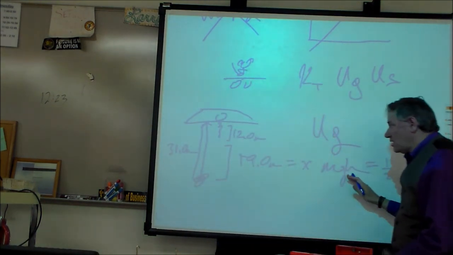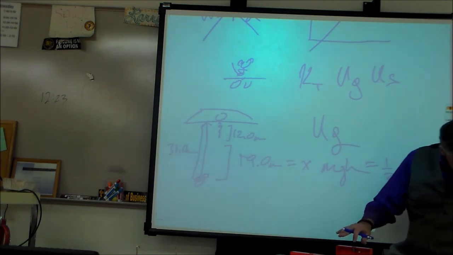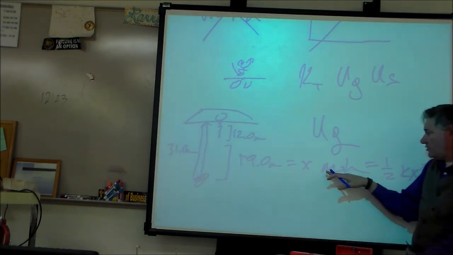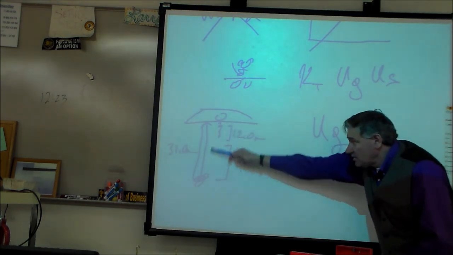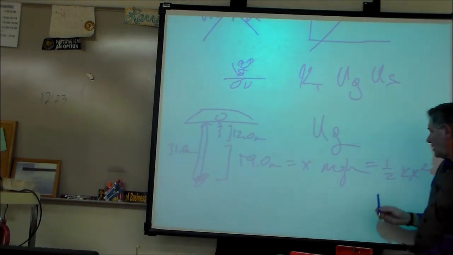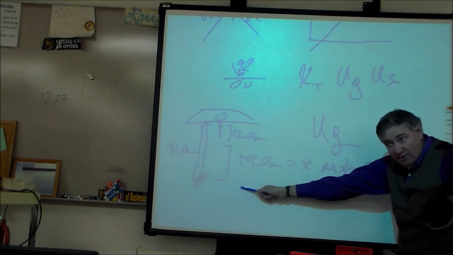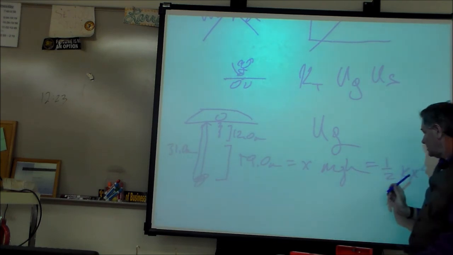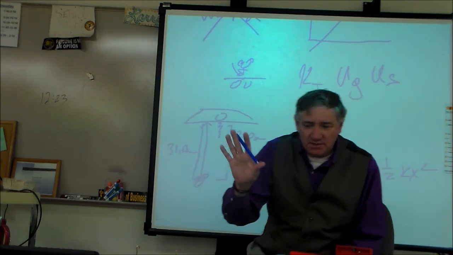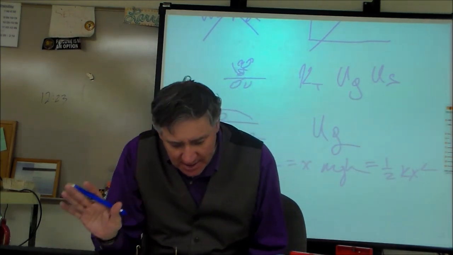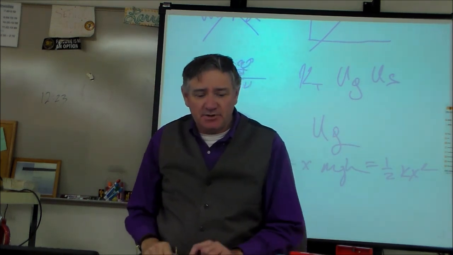So you know all of this. You know the mass of the person, you know g, you know that's 31 meters. You know x, which is going to be 19, because that's how far the spring stretches. Solve that for k, and you should get around 100. So your answer to 8B should be around 100.